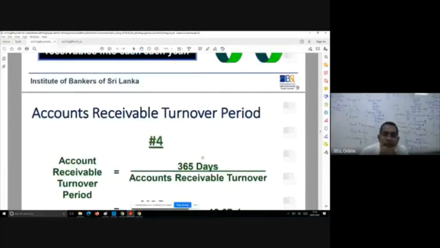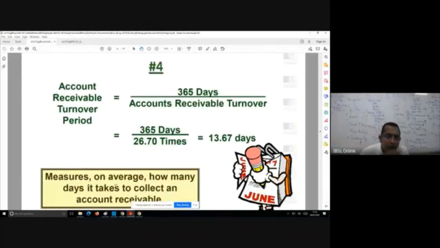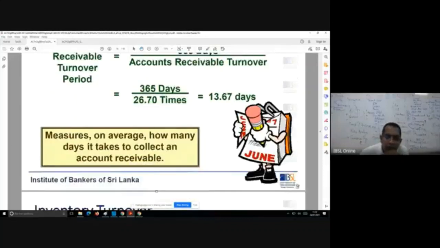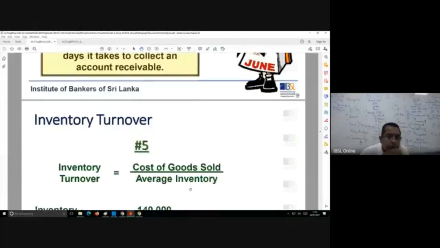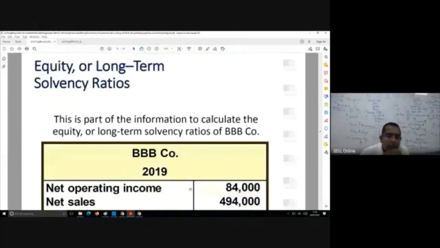Account receivable turnover, that one inverse and 365, 13.6 days. Measures on average how many days it takes to collect an account receivable. Inventory turnover we discussed.